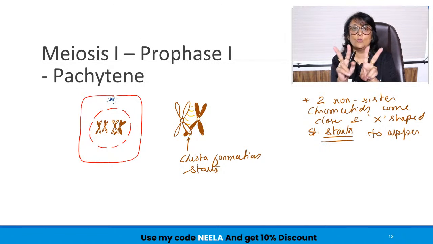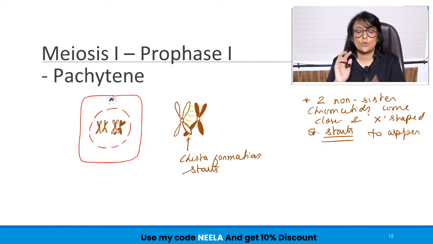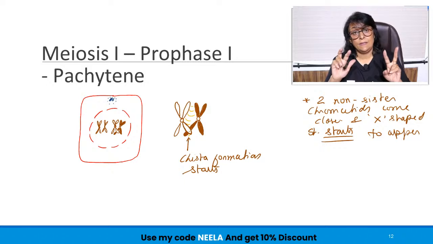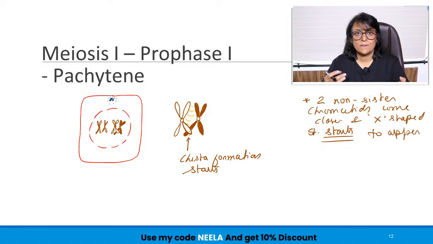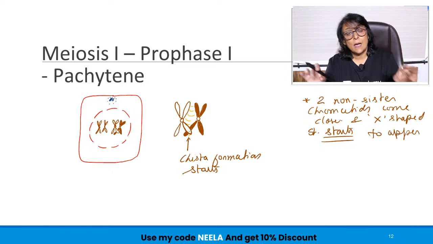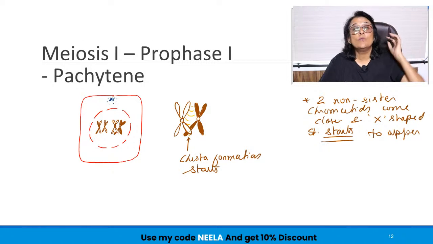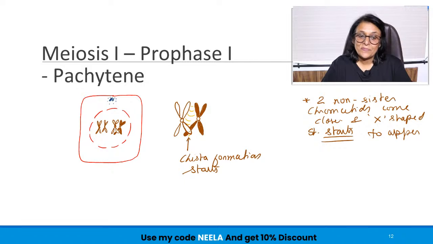So that the chromosomes are held together and the non-sister chromatids are able to cross over. If these fibers are not formed, because the chromosomes can move anywhere in the nucleus, they can be apart, and if they are apart, crossing over will not take place. So is this stage clear now?